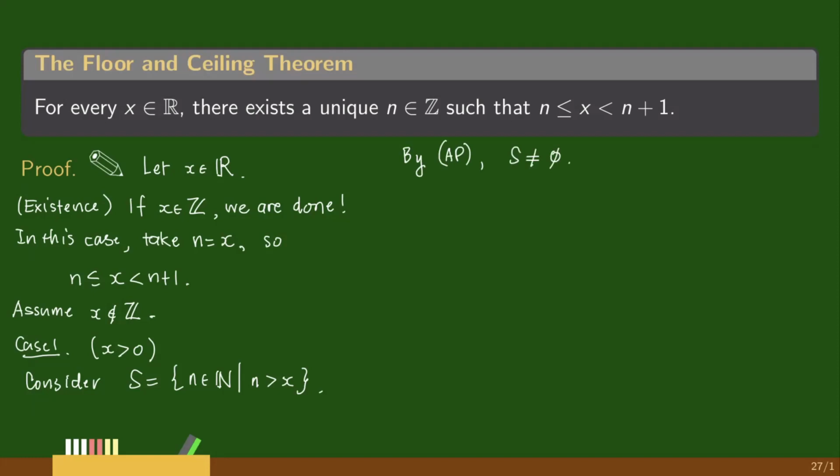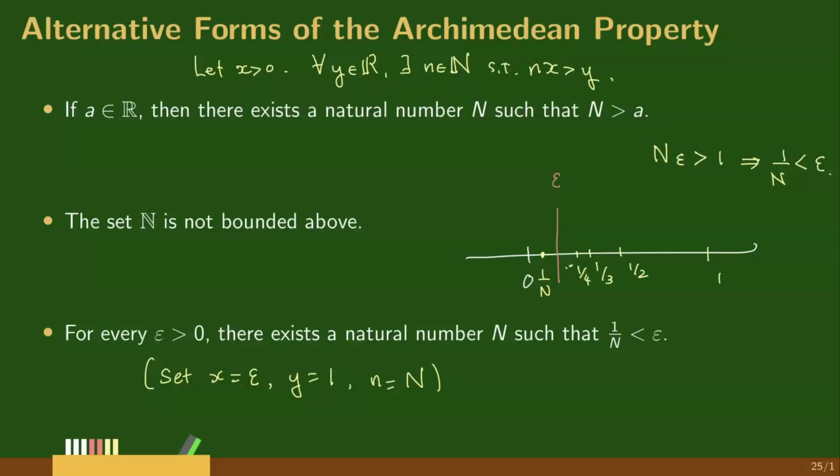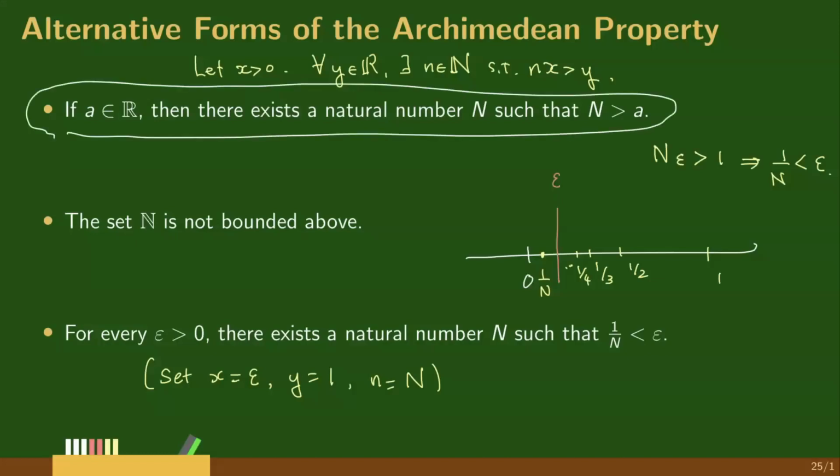Di ba sabi ng Archimedean property kanina, kahit na sinong x ang i-propose mo, laging may isang natural number that will always exceed it. Do you remember that? Kahit na sinong real number ang ibigay mo, palaging may isang natural number that will always be beyond the given number.